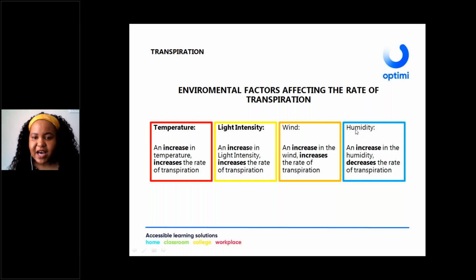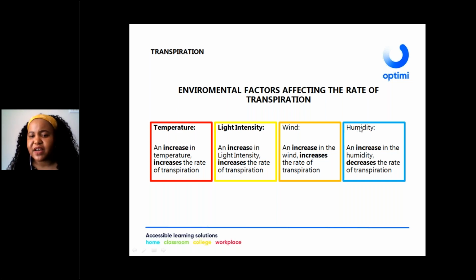If the atmosphere is saturated, or if the atmosphere has lots of water vapor, then there is no need for it to get more water vapor from the plant.